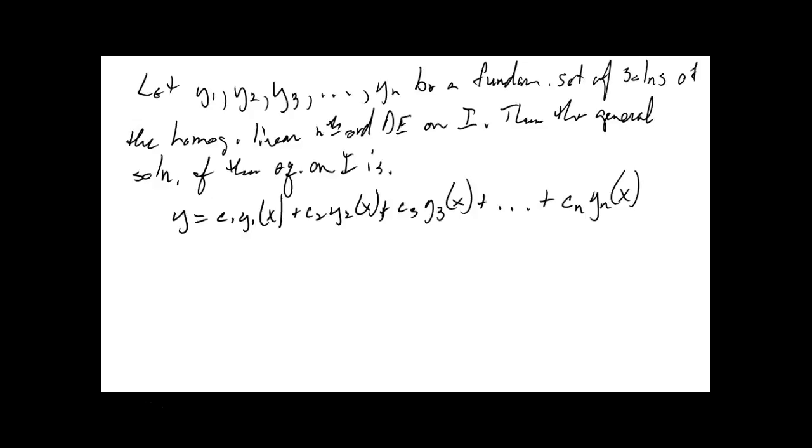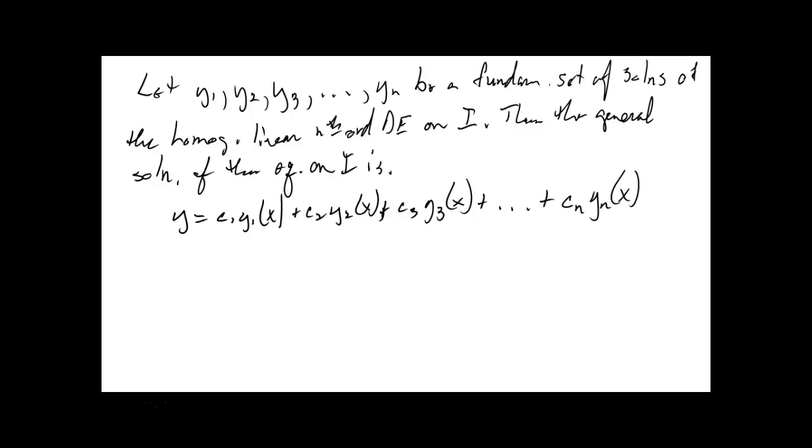Or if one of these fundamental set members happens to be the 0 function, then that C could be anything, and all the rest of them have to be 0. So it comes out to be about the same deal.